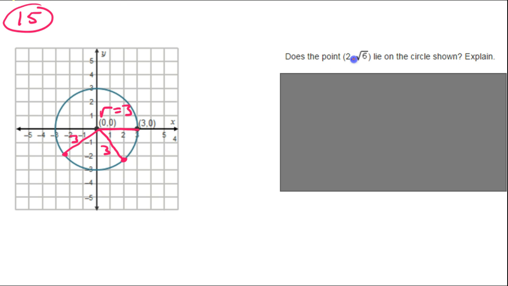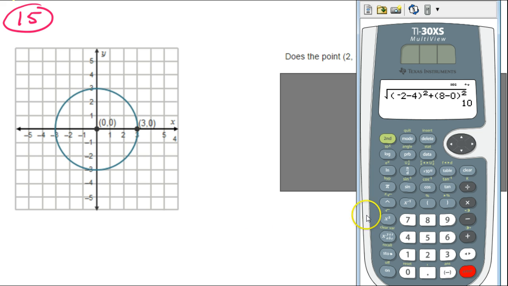So wherever this point is, 2 comma radical 6, let's estimate it just for fun. The square root of 6 is 2.4, it's almost 2.5.